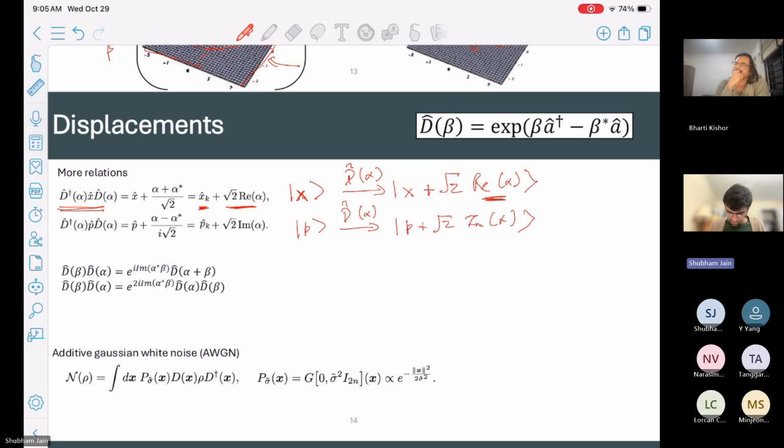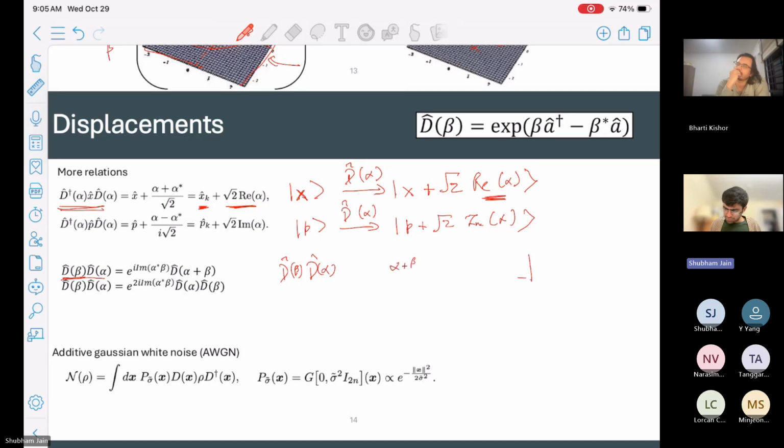Yeah, never mind that. The other thing is that these operators almost commute, in the sense that if you apply D(alpha) first and then D(beta), as you would imagine, this brings about a displacement of alpha plus beta.